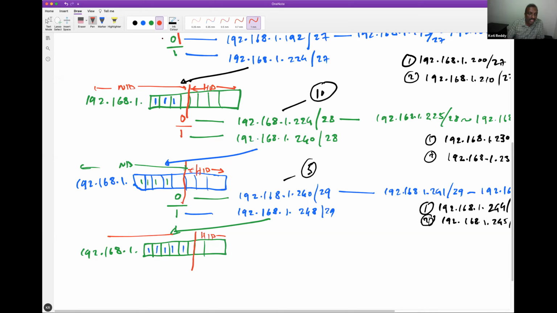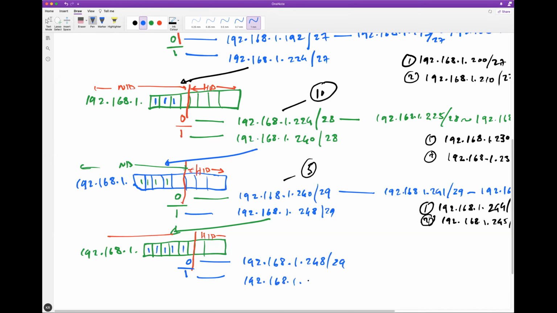Everything else sitting in network ID. So what combinations will I get now? If I have 0 here and then 1. If I have 0, I get 248. 192.168.1.248/30. If I have 1, I get 192.168.1.252/30.